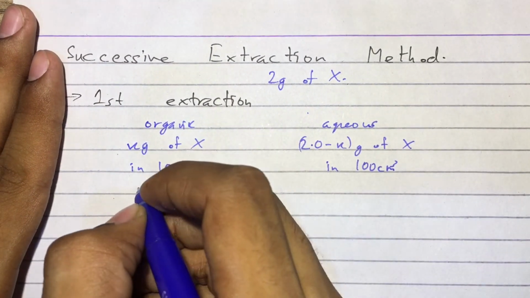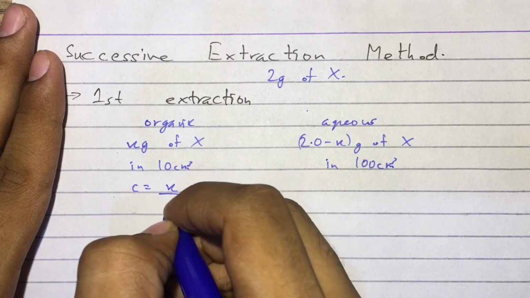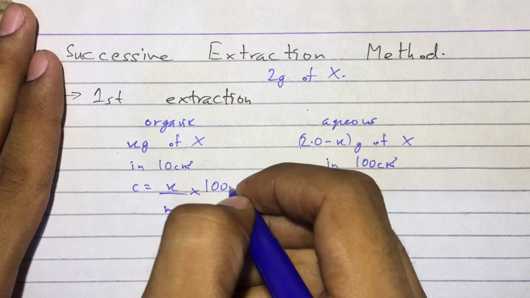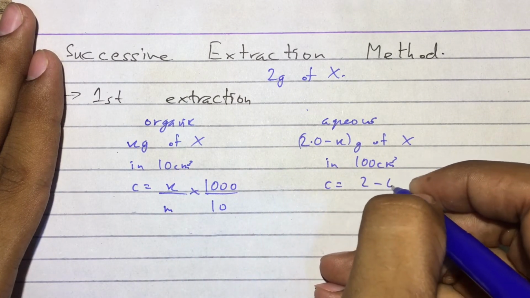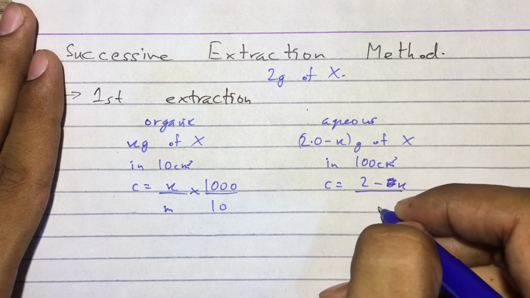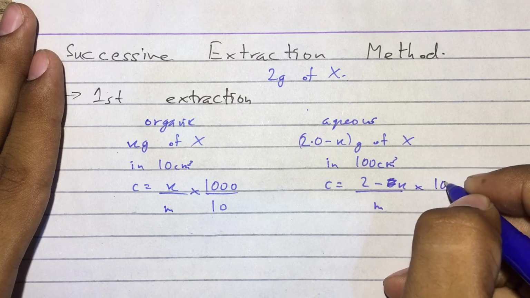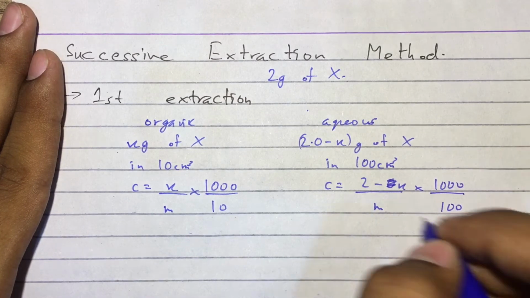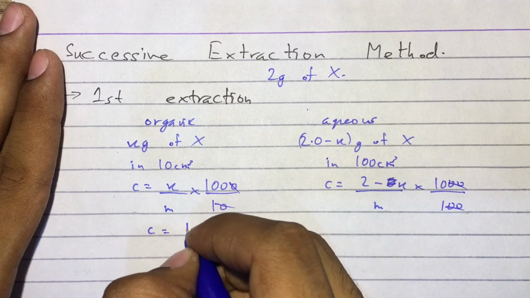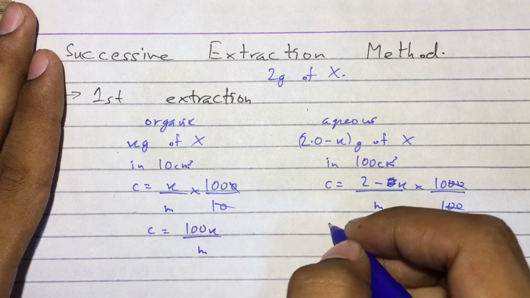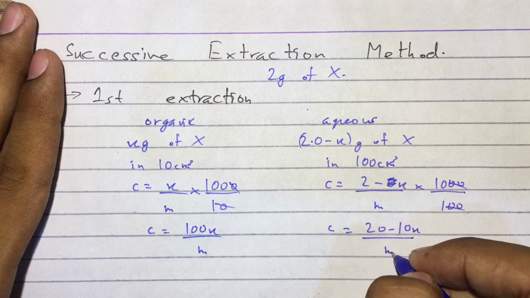So concentration will be x upon m into 1000 upon 10, and here the concentration will be 2 minus x upon m times 1000 upon 100. So I cancel these out. We're getting concentration as 100x upon m and 20 minus 10x upon m.